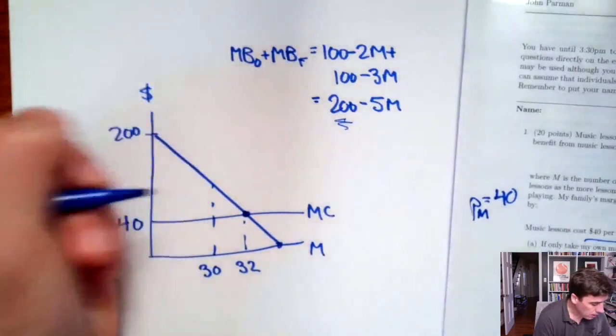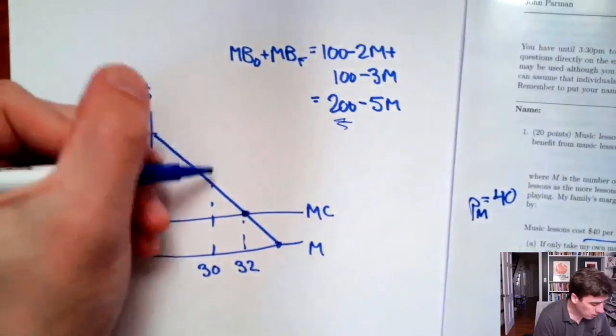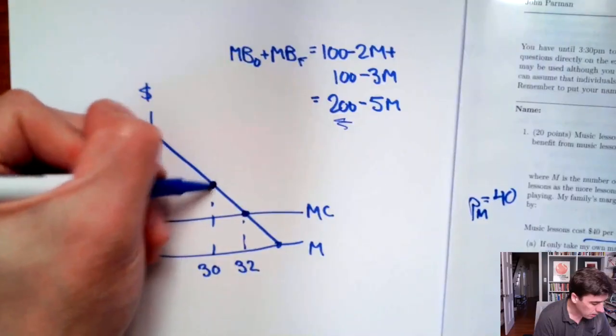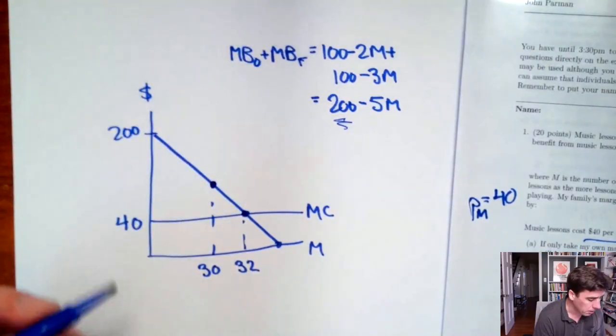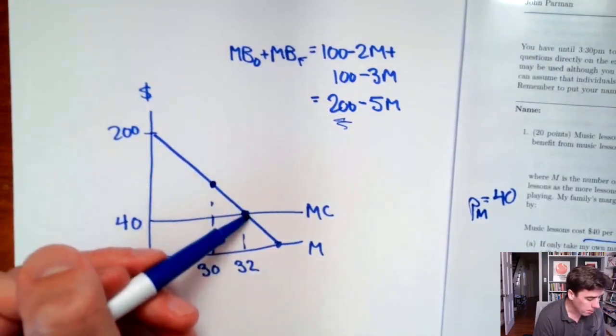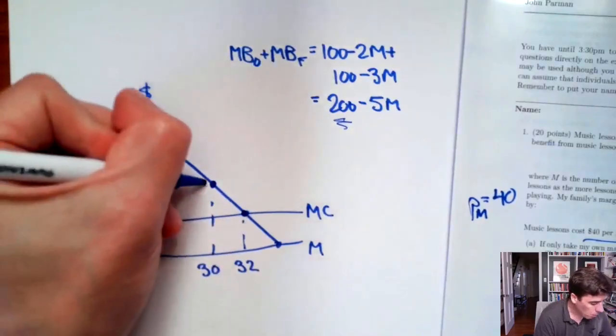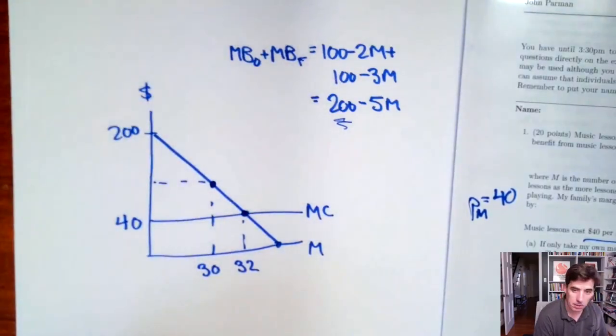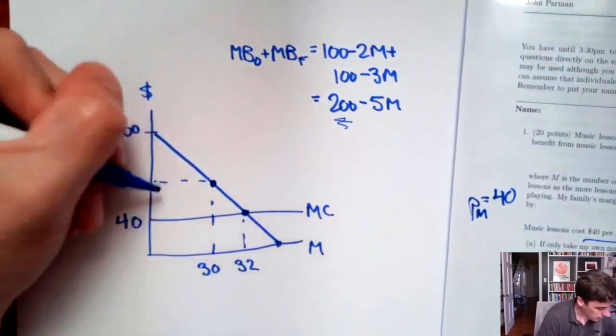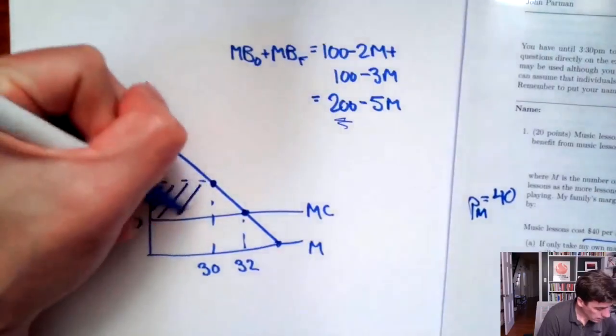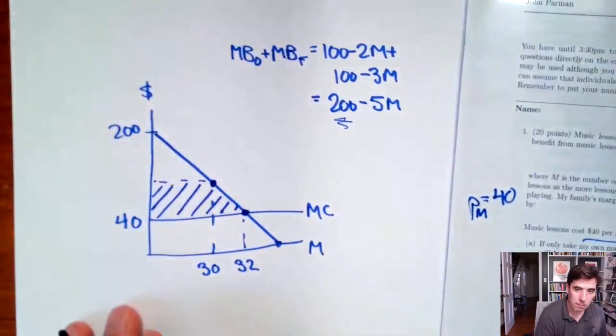As far as me and my family is concerned, we were originally here on our marginal benefit curve. We then moved down to this point here, right? So what we gained in surplus across those units, okay, was this amount right there.